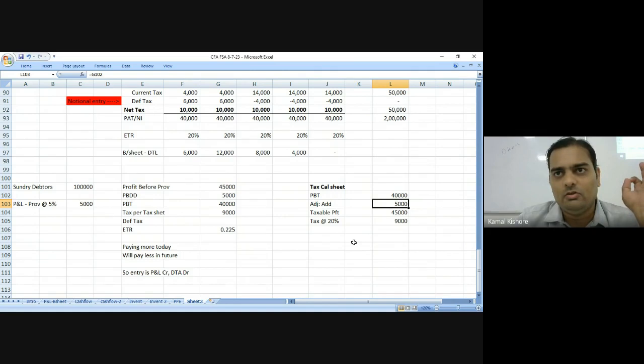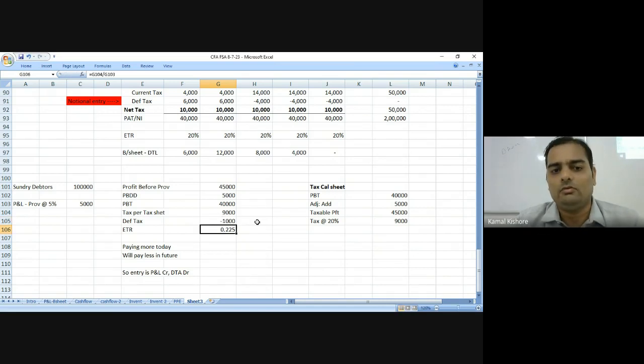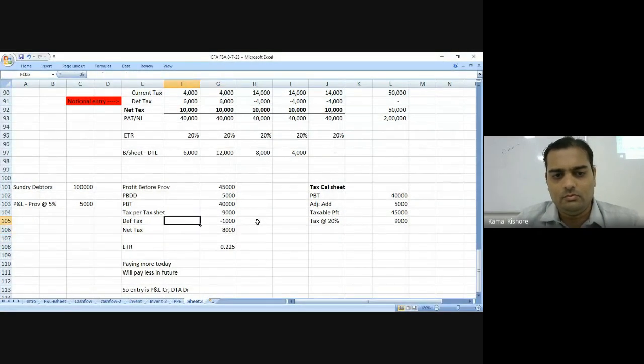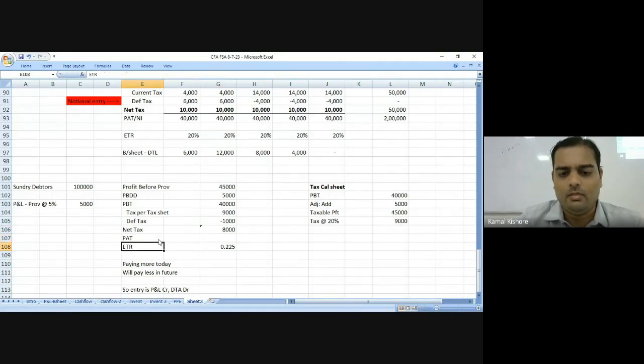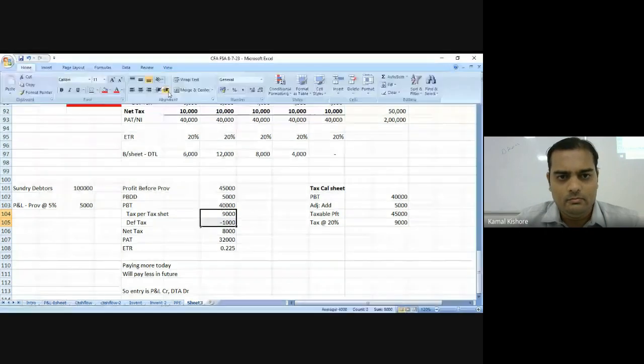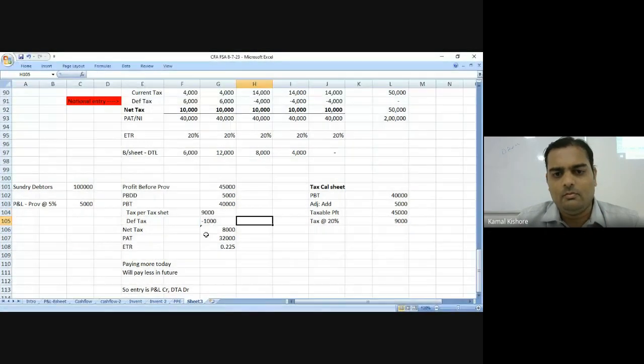That into the tax rate is 1,000, and because you are crediting the P&L, 1,000. So net tax is 8,000. ETR will be 20%.